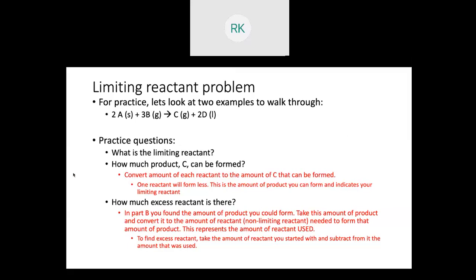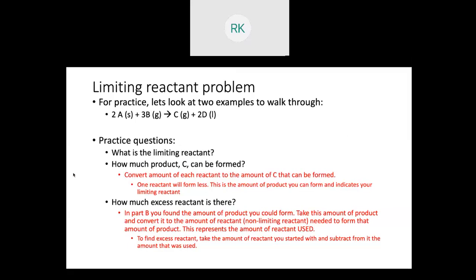You'll also almost always be asked how much excess reactant there is. So if B is the limiting reactant, they're going to ask how much of A is left, but they wouldn't tell you it's A because that gives away what the limiting reactant is. And so what you do here is you work backwards. You take the amount of product C you can form and convert that to the amount of reactant needed to form that stoichiometrically.